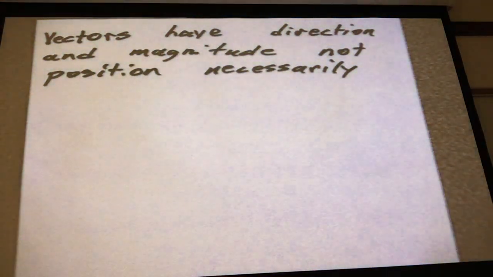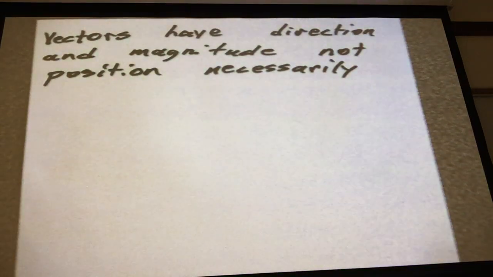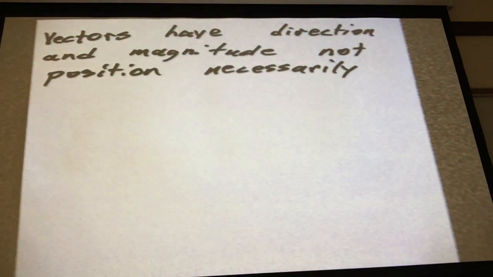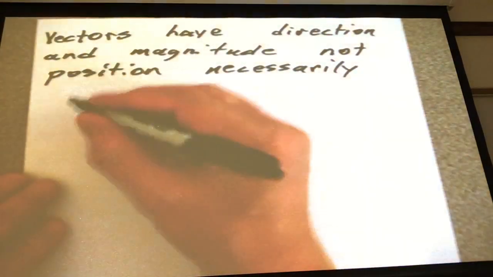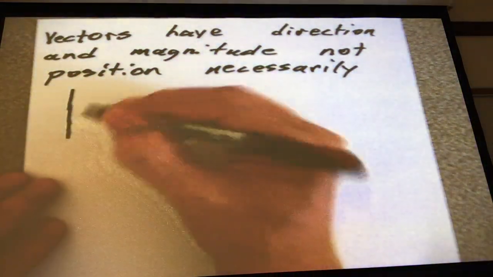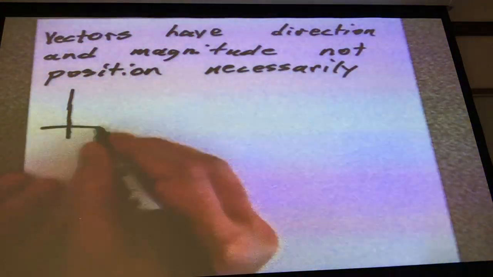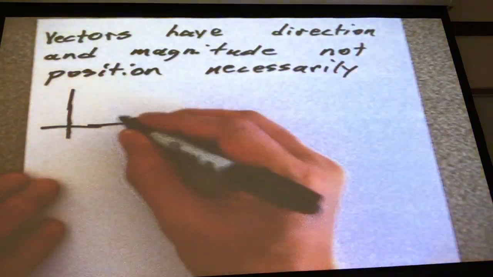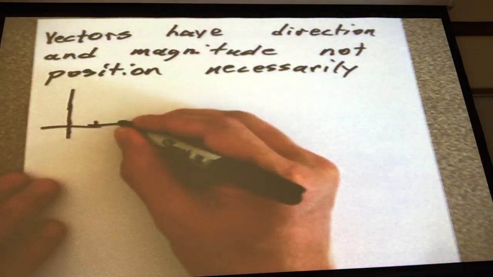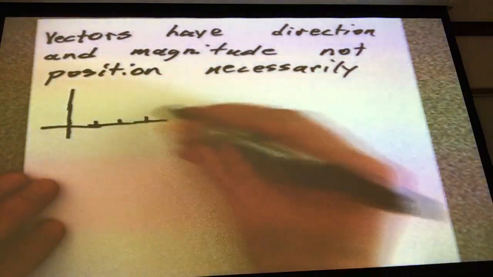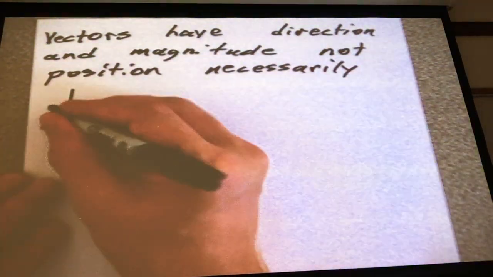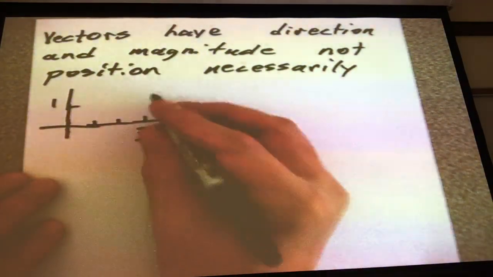Okay. So if we define vectors in different ways, well, let's say we just did it like this. Okay, so we're going to go up 1, 2, and 3, and then we're going to go up by 1, so this is 1, this is 3.